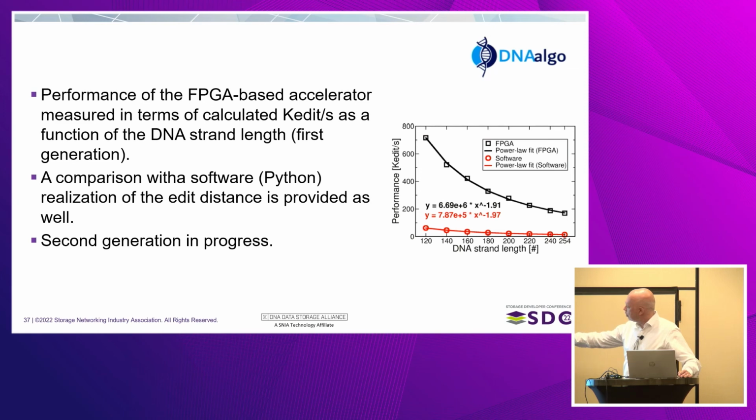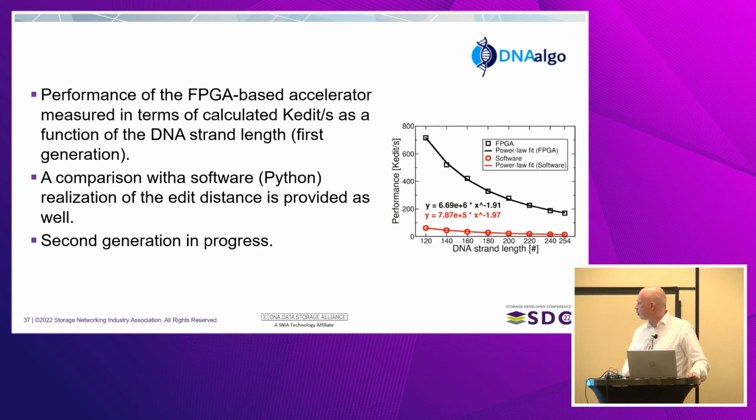So you should look at a graph here. You have on the x-axis the DNA strand length from 120 to 254. The red line is software, in terms of thousands of edits per second. It's not as flat as it looks, because here it looks flat because of the scale.